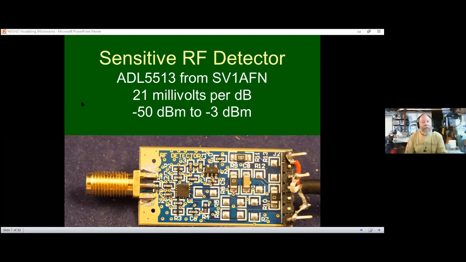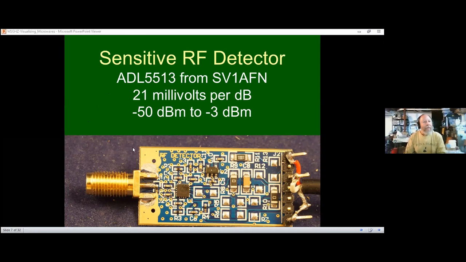And if you buy from him, you're helping a ham in a place where there aren't many jobs and not much economy. And you get good stuff too. This is an Analog Devices little detector chip, which I couldn't solder because those pads are probably 0.5 millimeter apart.